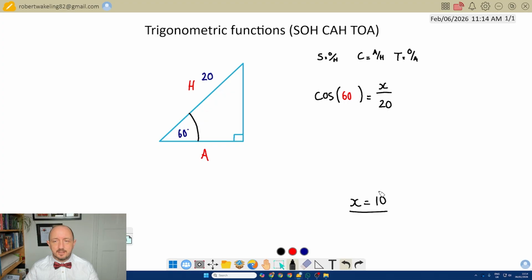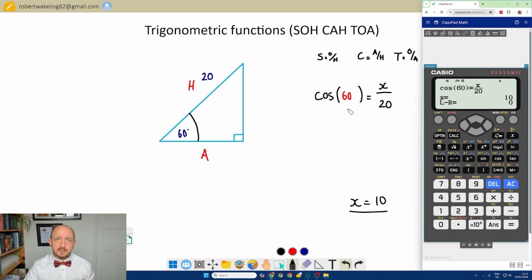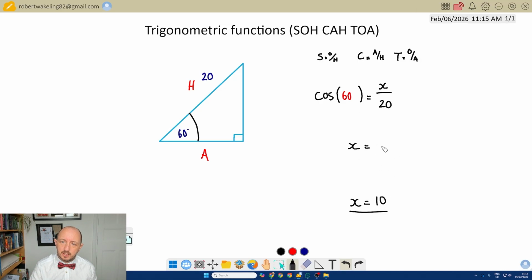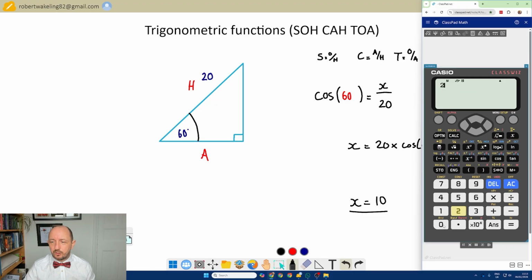And now I need to decide, is it a divide, is it a times, or is it the other divide? So I'm just going to times them. 20 times cos 60. Oh, okay, I hit it the first time. If it wasn't that, I would try 20 over cos 60.